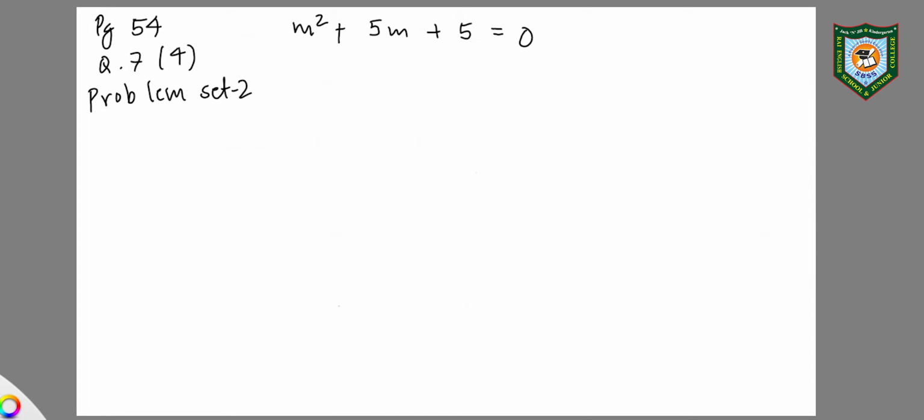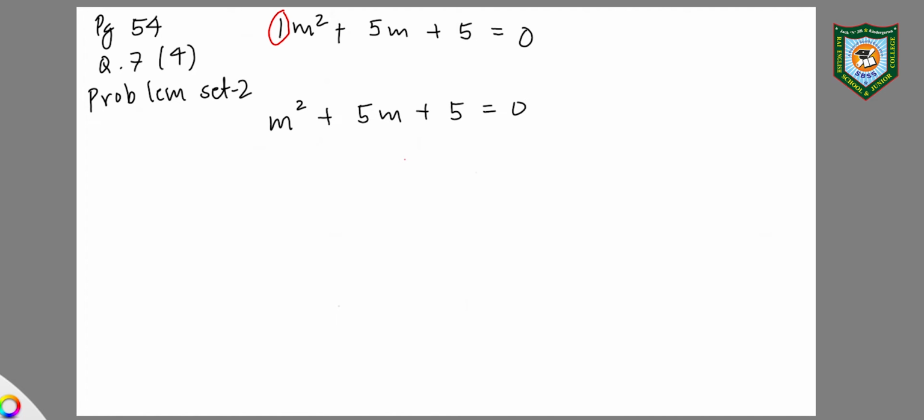So in this case, our coefficient here is 1. So we need to divide the whole equation by this particular coefficient. As anything divided by 1 is the number itself, therefore we do not need to divide in this particular equation. So this equation can be written as it is, which is m square plus 5m plus 5 is equal to 0.